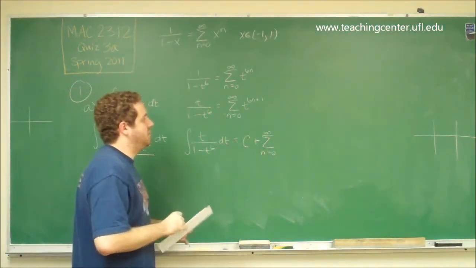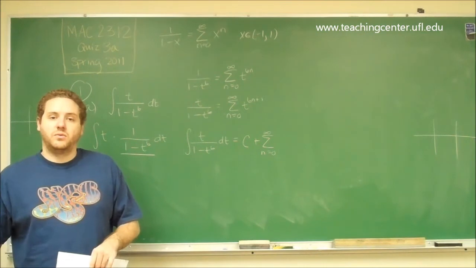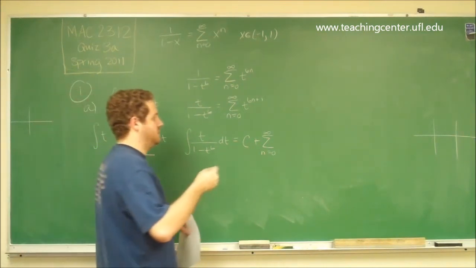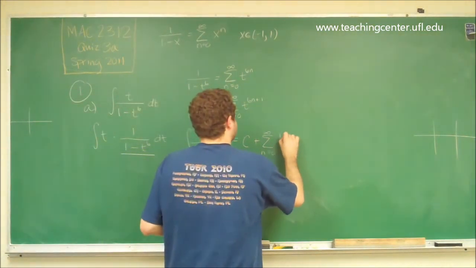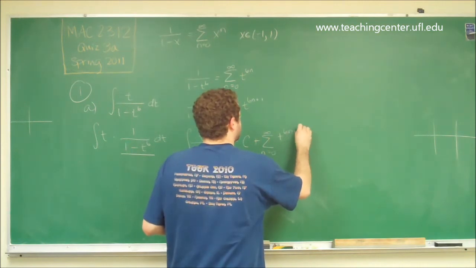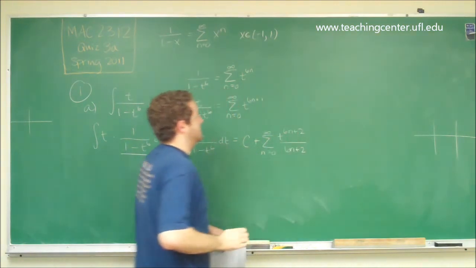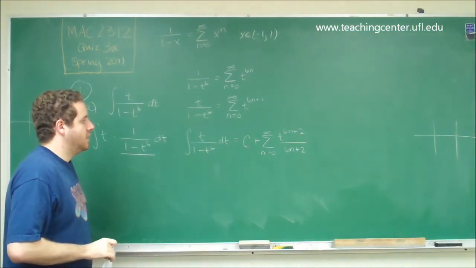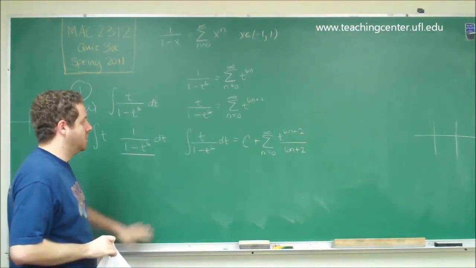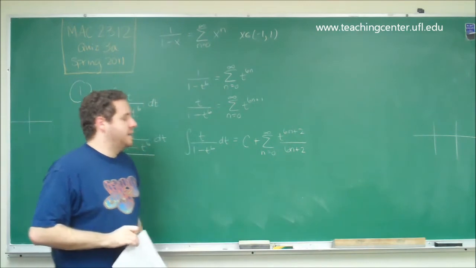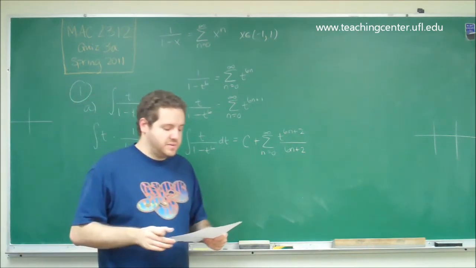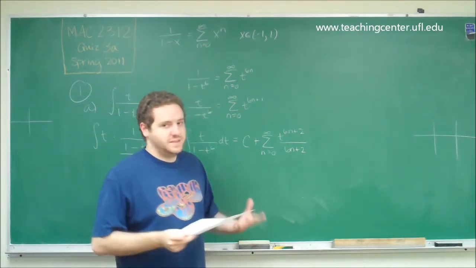The antiderivative of t to a power: take the power plus 1 and divide by it. So we're going to get t to the 6n plus 2 over 6n plus 2 by the power rule. So right here, that is our power series representation of this indefinite integral.